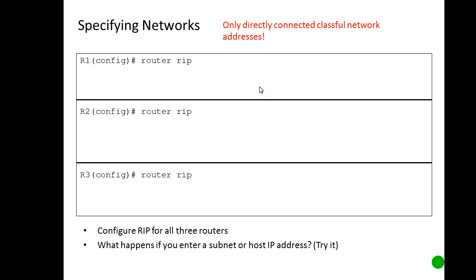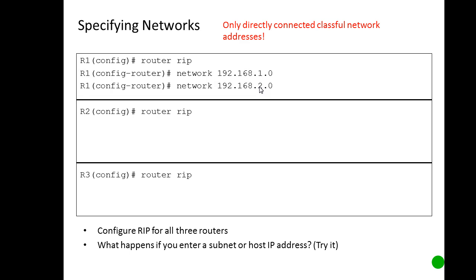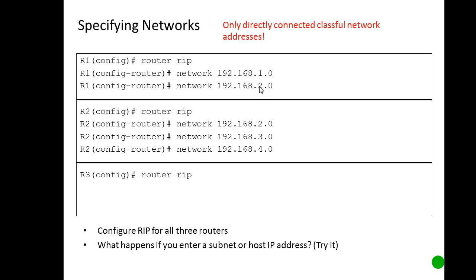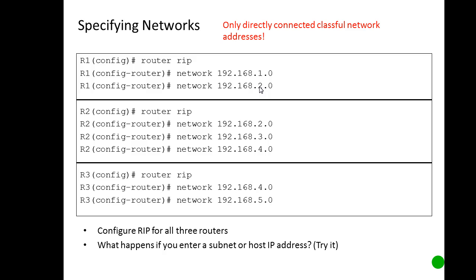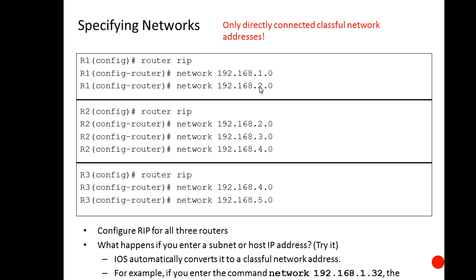So R1 has two directly connected networks, R2 has three directly connected networks, and R3 has two directly connected networks. Even if you type a specific IP address, the router will convert it to the network address, which is 1.0.